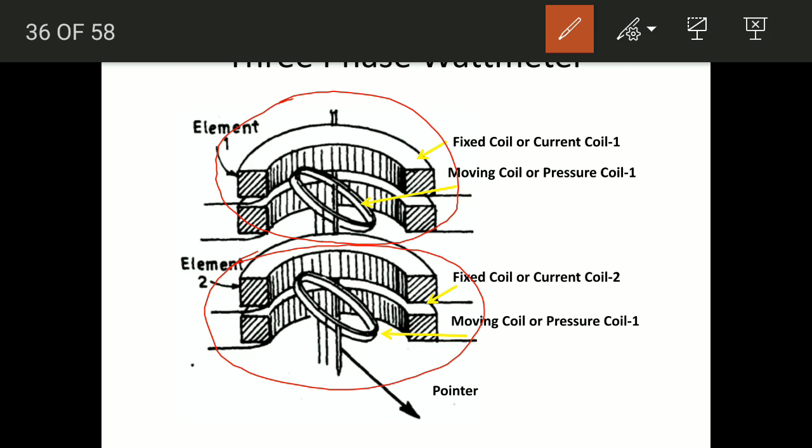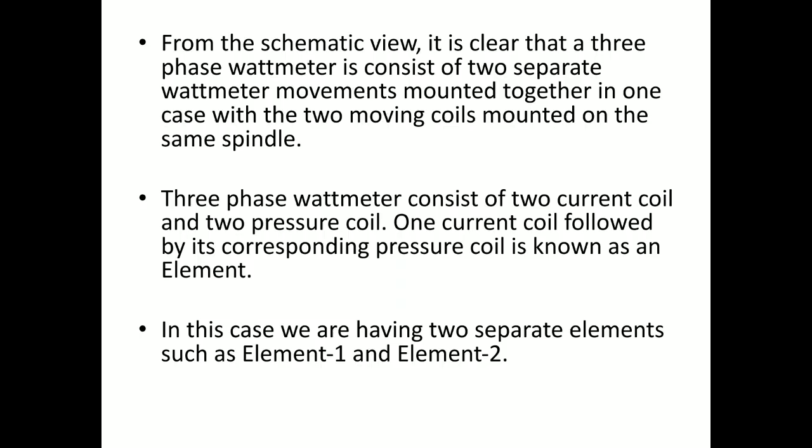That too, the moving coils of both the wattmeters are placed on a common shaft to which the pointer of this instrument is connected, and we know that the deflection torque produced by a wattmeter is proportional to the amount of power measured by it. So we can easily predict that the total deflection produced by this arrangement is going to be the deflection produced by wattmeter 1 plus the deflection produced by wattmeter 2, or you can say element number 2. The same thing is mentioned over here.